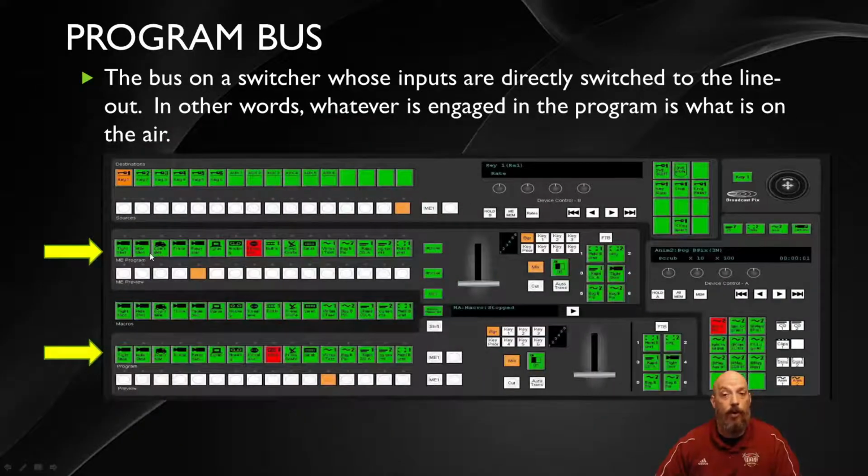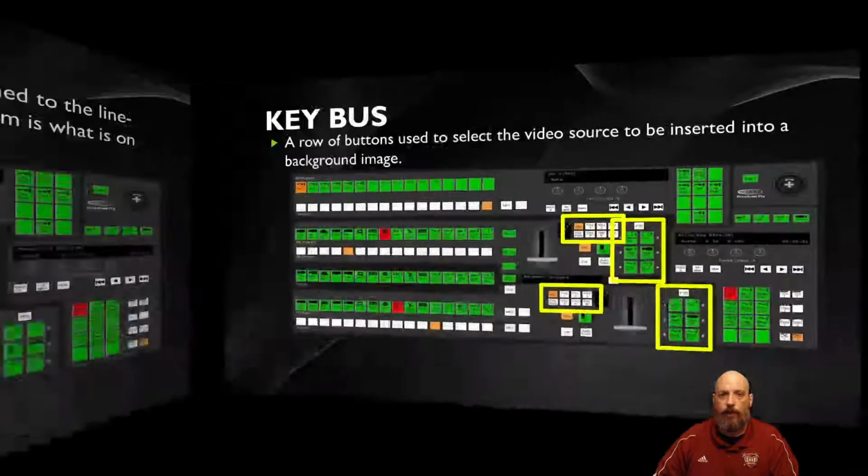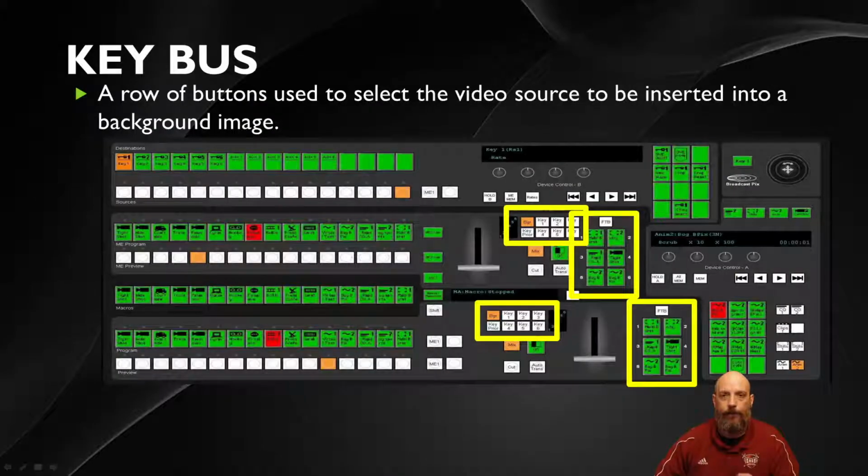That's going to be program, and that's what people are going to see as the end result. So I've got a program down there and there. Depending on which way we're switching the board, you can either have two programs going out at the same time, or you can have one program feeding into the second, and then that can go out. So you can overlap multiple things at one time and do a lot of various features.